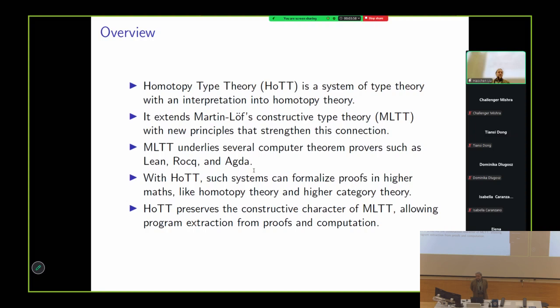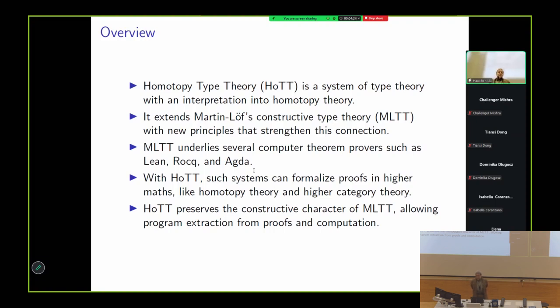These things are used in computer systems for proving theorems, and Martin-Löf type theory underlies these systems. Now, because of that, and because of the connection to homotopy theory, that means that Martin-Löf type theory can be used to formalize and automatically verify proofs in higher mathematics, like in homotopy theory or higher category theory.